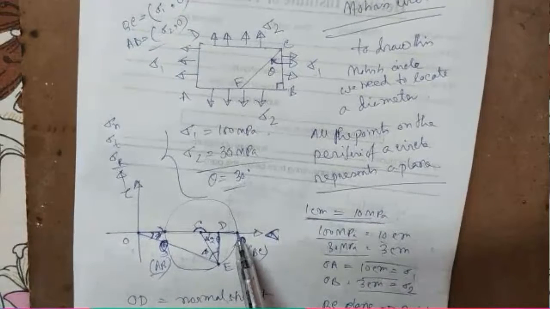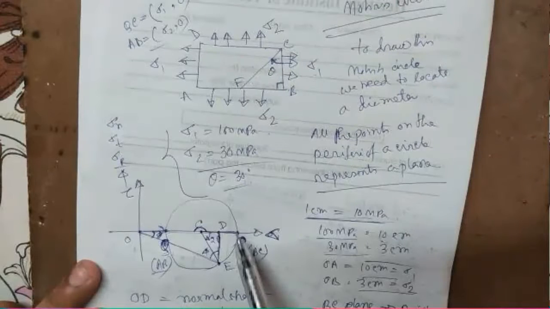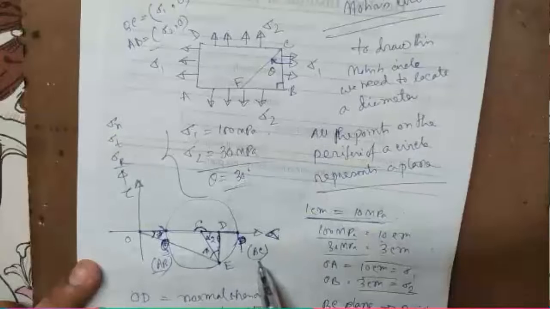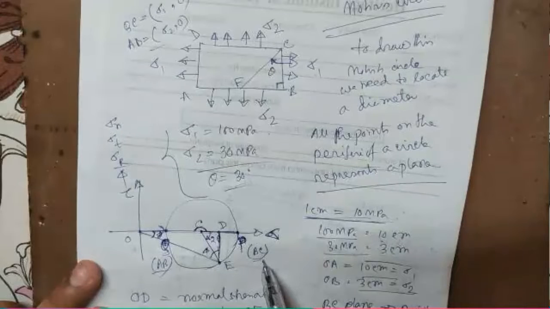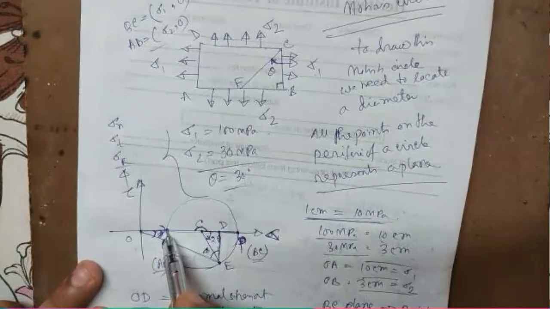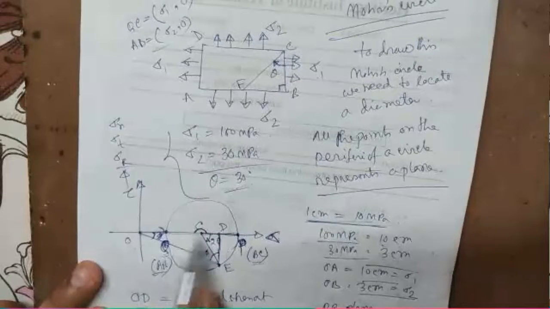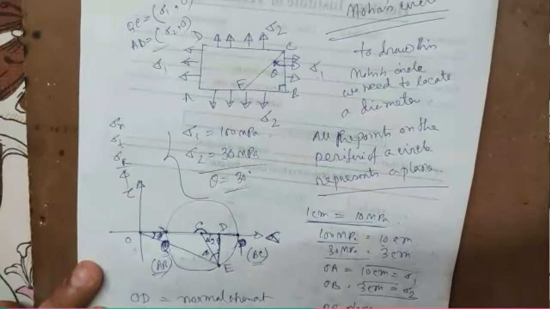Here it will be sigma 1 comma 0. The point P on the periphery will represent the plane BC, and this point Q will represent the plane AB. Now PQ is our diameter of the Mohr circle.